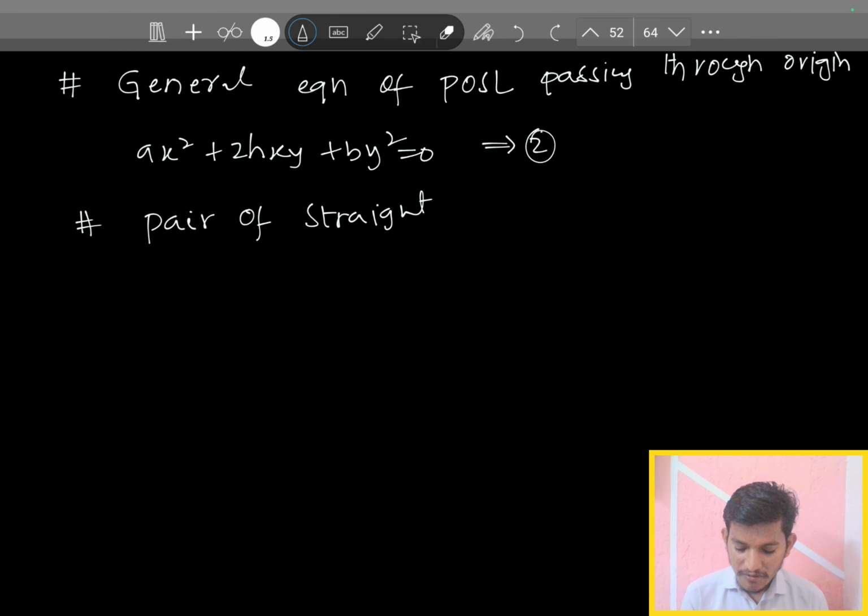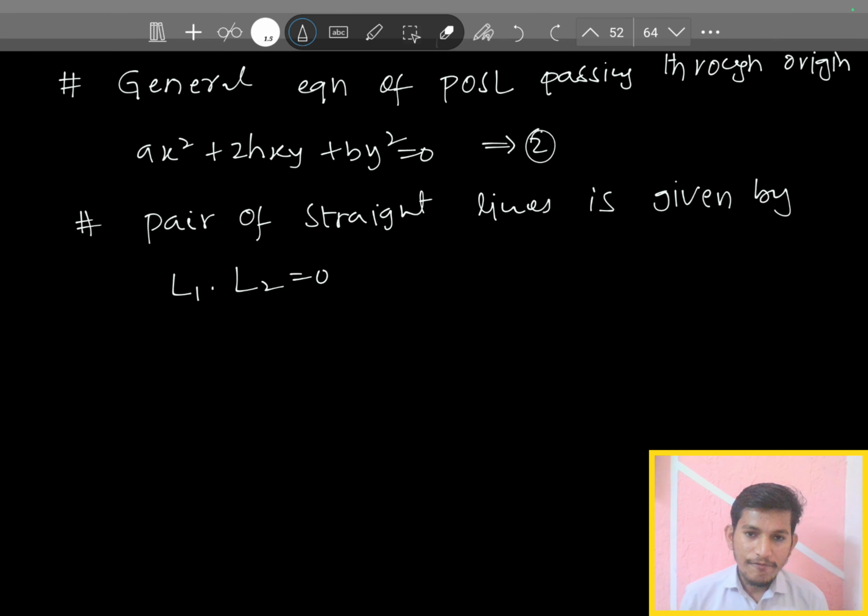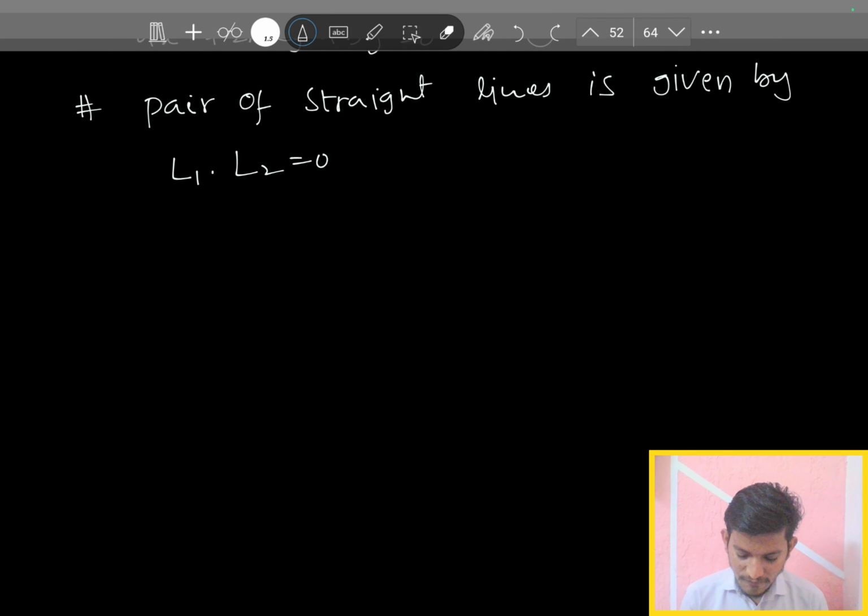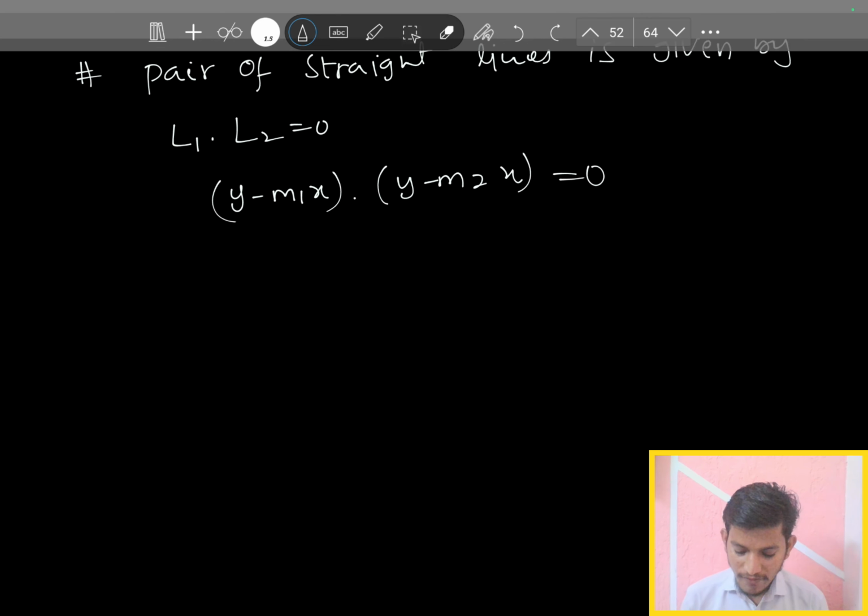So the pair of straight lines is given by L1 into L2 equals to 0, where L1 is nothing but I am writing y minus m1 into x, and y minus m2 into x is line L2, which is equal to 0. L1 L2 I have written over here.